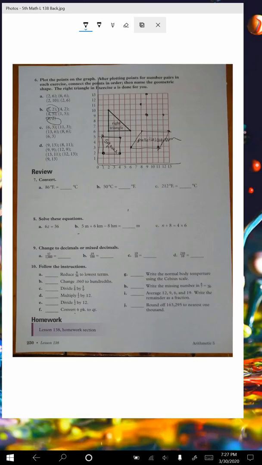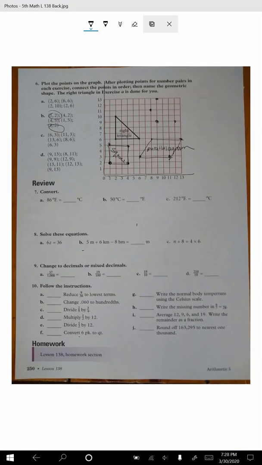And then, oh, sorry. Over 13, up 11. And over 12, up 13. And then the very first one. Oh, 6 sides. What is that? Hexagon. Okay, that was fun.